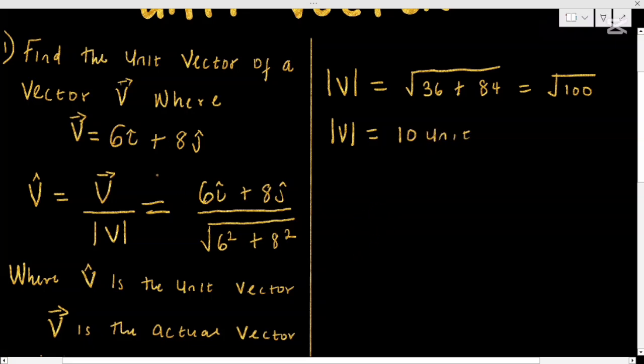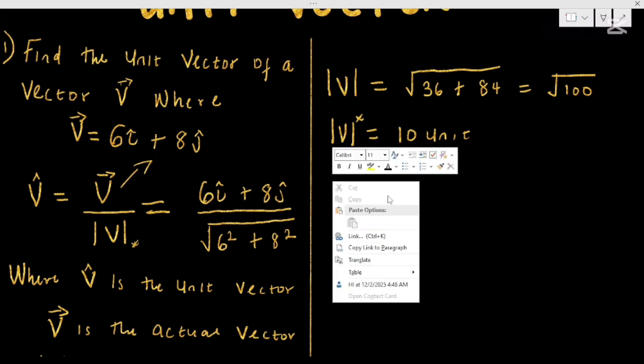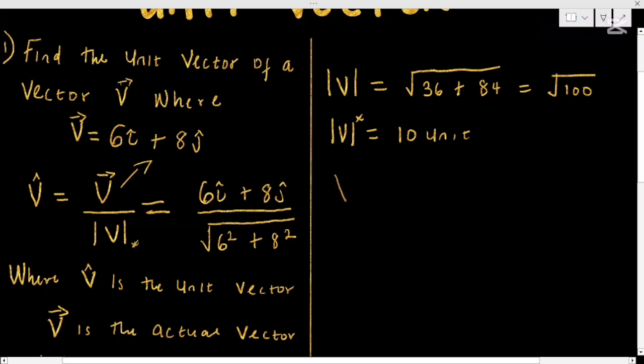Now, you can see we already have this. And we already got this too, which is what? 10. Now we can find the unit vector. It implies that our unit vector is just 6i plus 8j over 10.